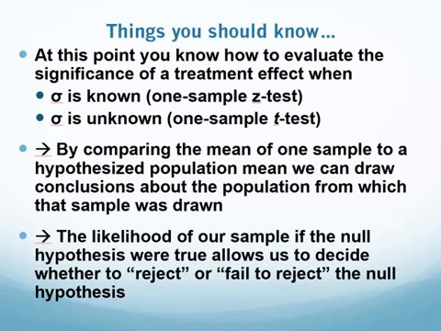So by comparing the mean of the one sample to a hypothesized population mean, we can draw conclusions about the population from which that sample came, right? The likelihood of our sample, if the null hypothesis were true, allows us to make a decision about our test statistic, right? Whether we reject or fail to reject the null hypothesis.